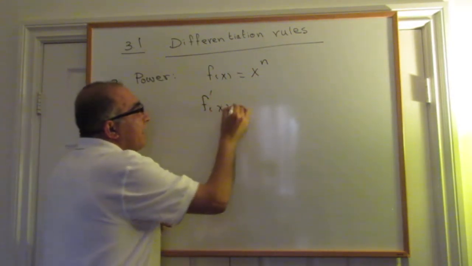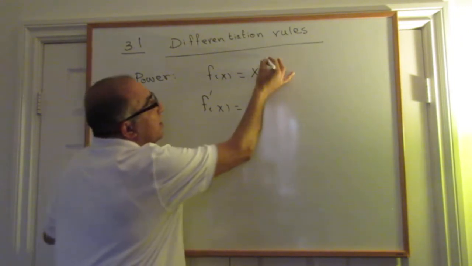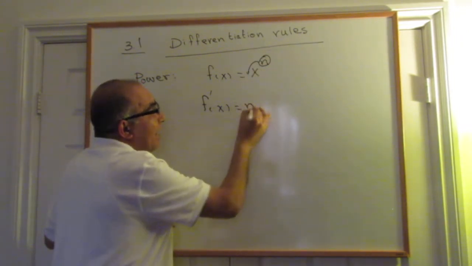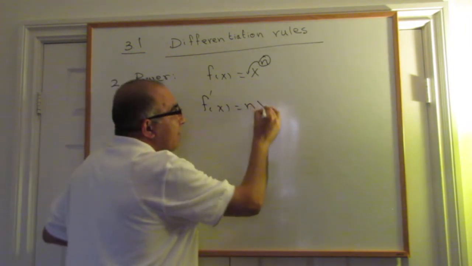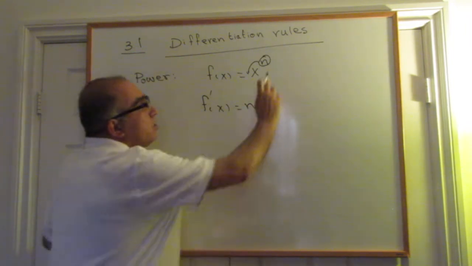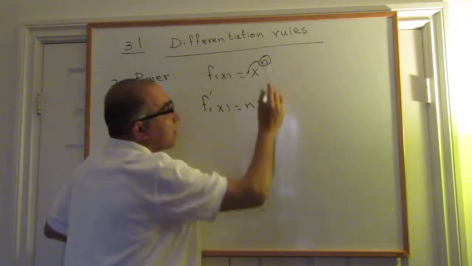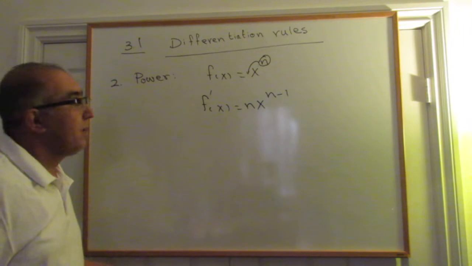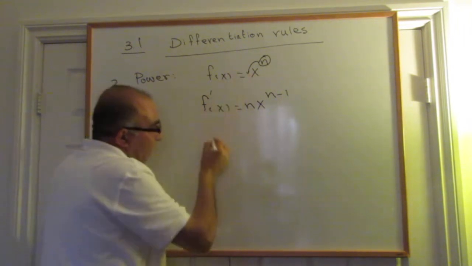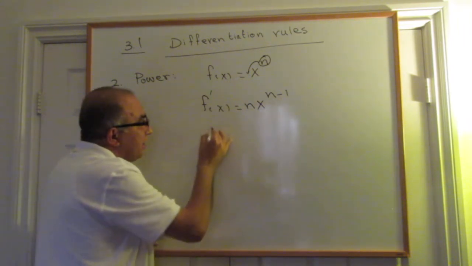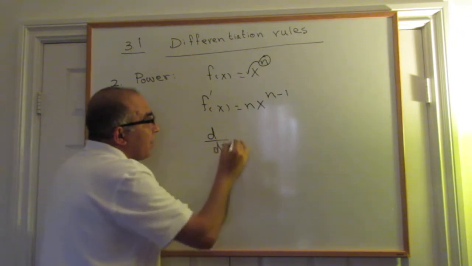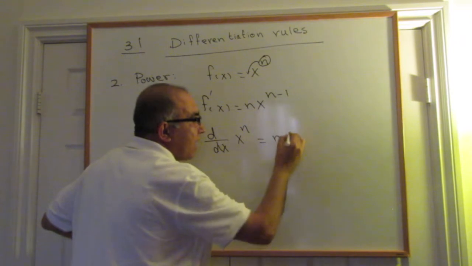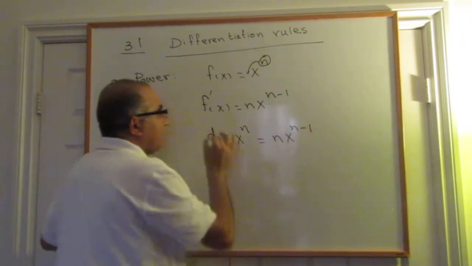F prime of x equals, what you do, you bring this exponent here, n times your x, you subtract 1 from your exponent, n minus 1. That's the rule. Or if I write in other notation, d over dx of x to the power of n equals n times x to the power of n minus 1.